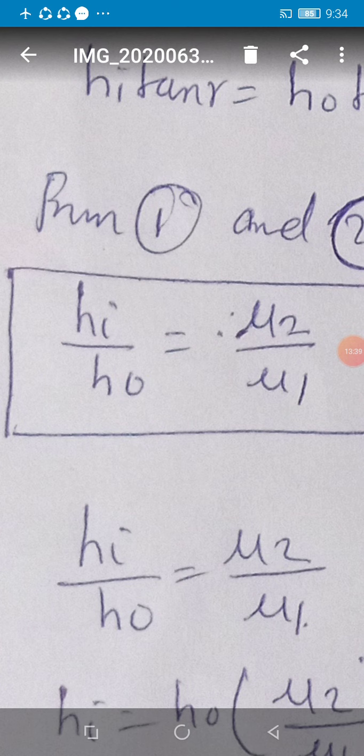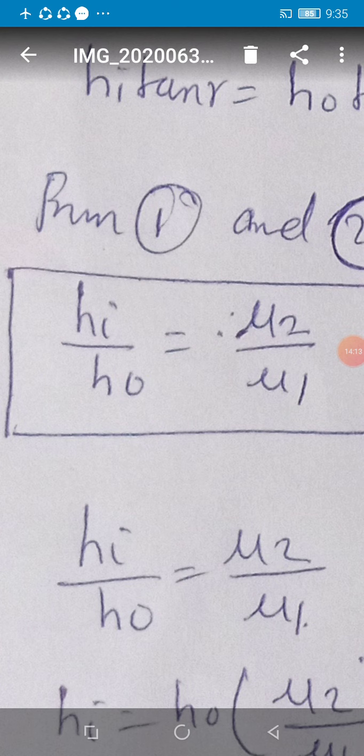So you can find out how much height that object will appear for a swimmer who is inside the water, student. From the same formula you can find out. But you have to understand the basic logic behind it, student. Only then can you solve the numerical. Due to refraction, the object is appearing at a different depth or at a different height. When the object is in the rarer medium and the person is in the denser medium, he can see it at a greater height.